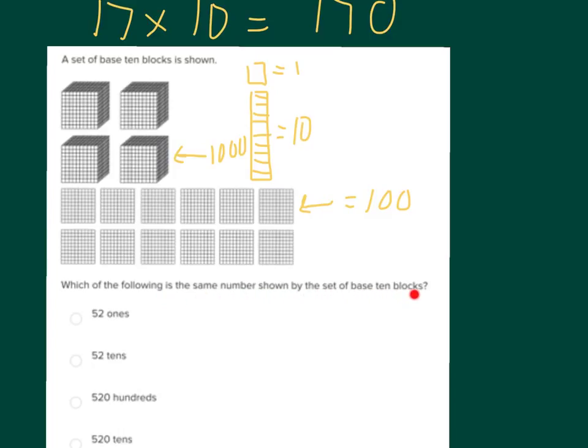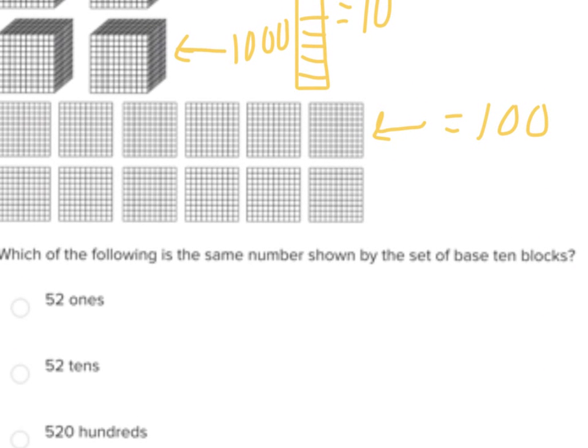Okay? Alright, so the question is, which of the following is the same number shown by the set of base 10 blocks? So, the first problem is does it show 52 ones? Well, 52 ones would just equal 52. Okay, so there's actually 100 in just this one.